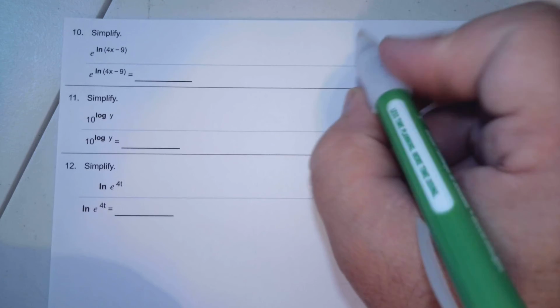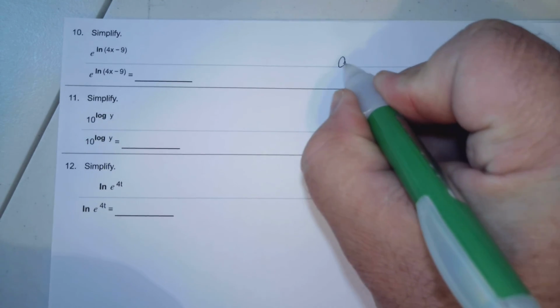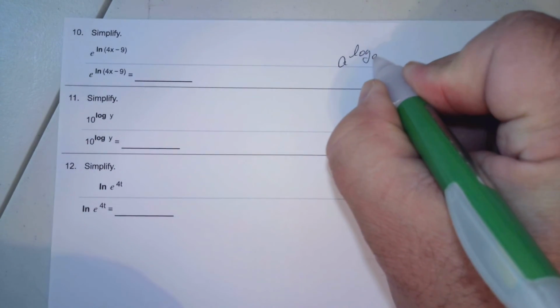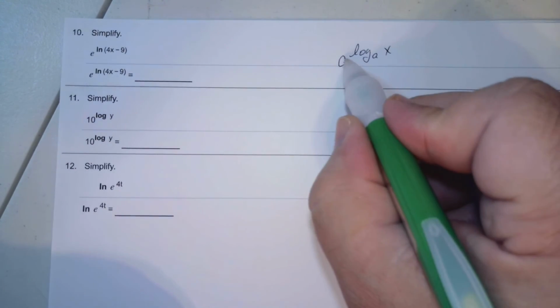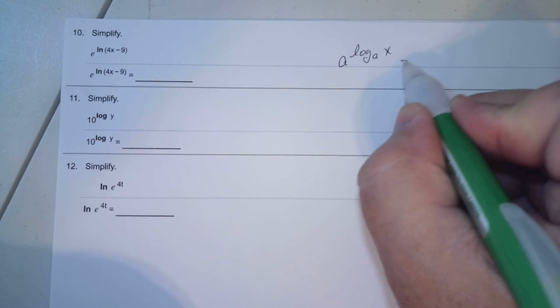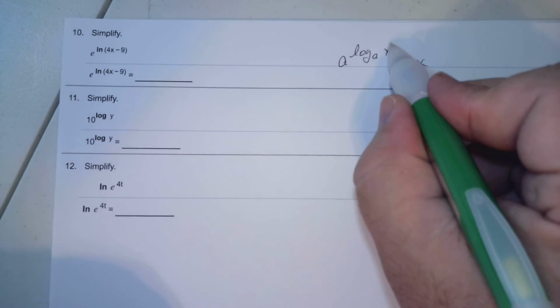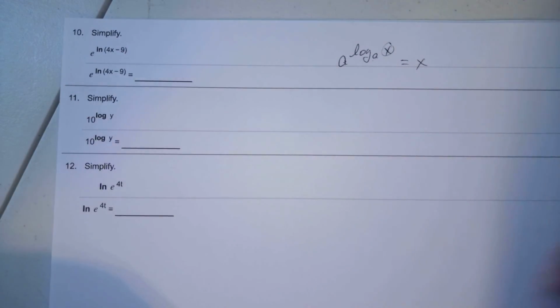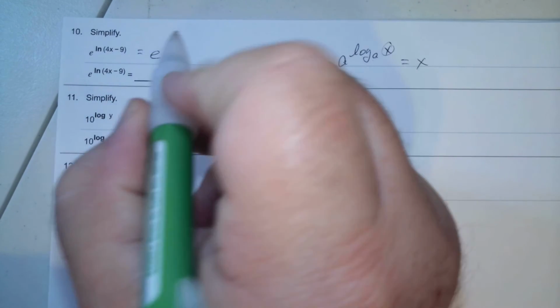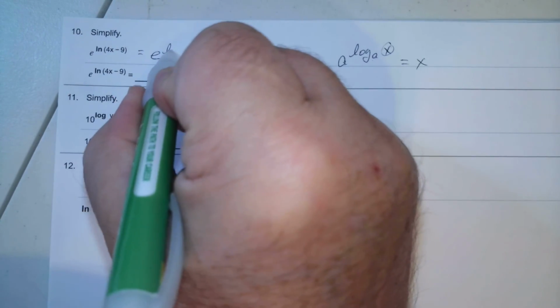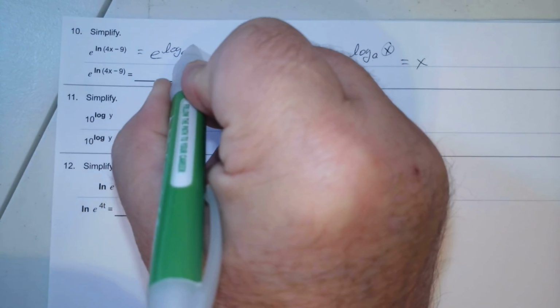There's another property we had. A to the power log base a of x. If the bases are the same, it's just the exponent. Well, we have base e. ln is log base e.